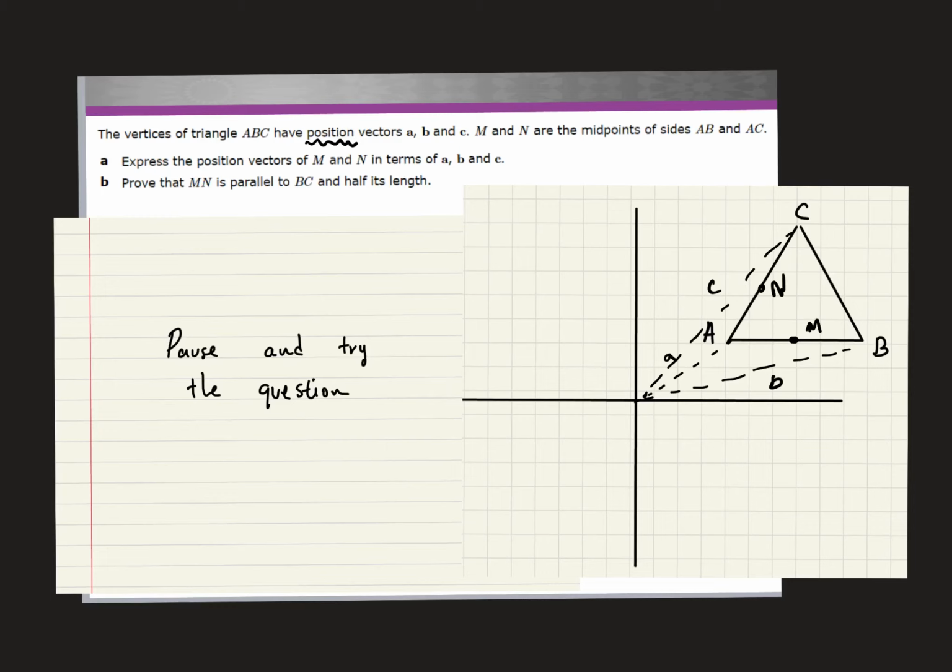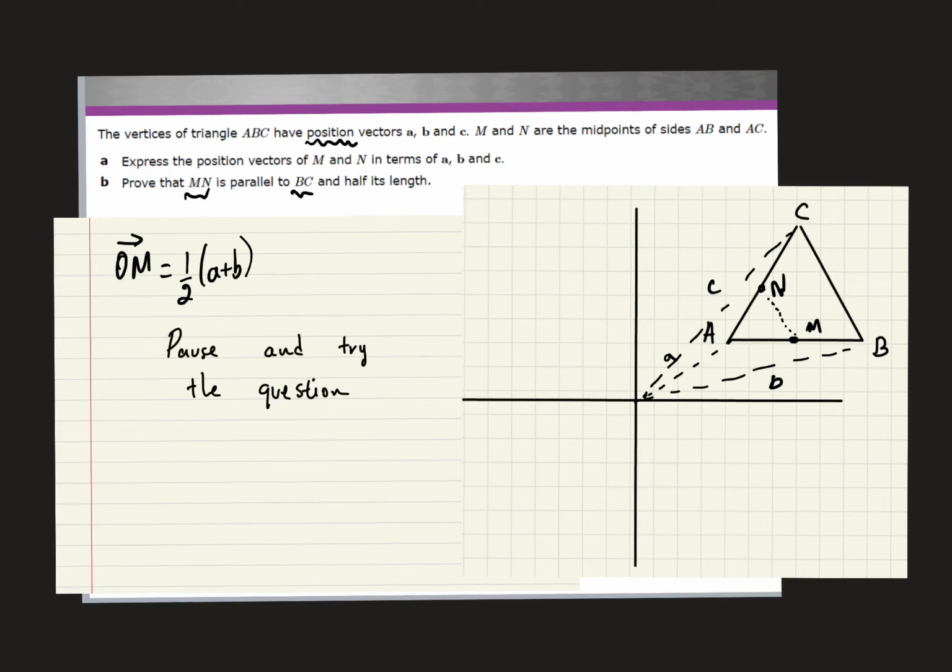So we can use the theorem that O to M would be half of A plus B. In a similar way, we can use the same for N. Then I want to prove that MN is parallel to BC and half its length. So you can work out what BC would be, and prove that these two are parallel to each other.